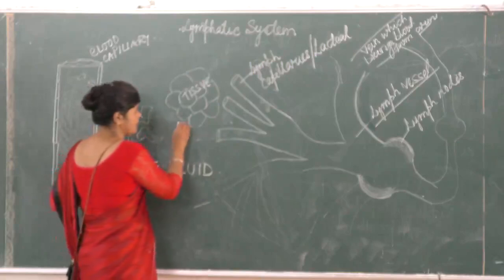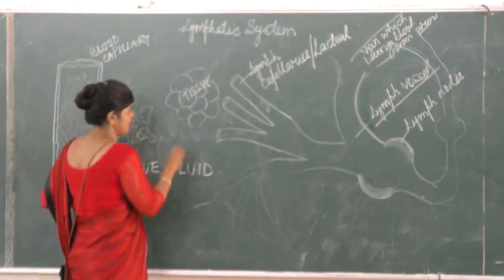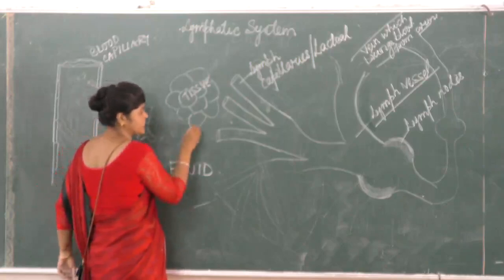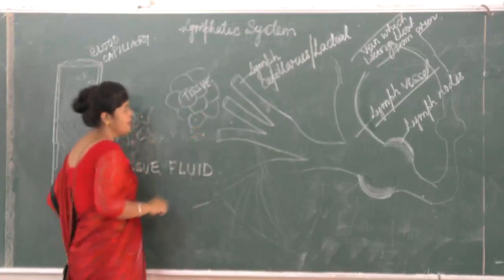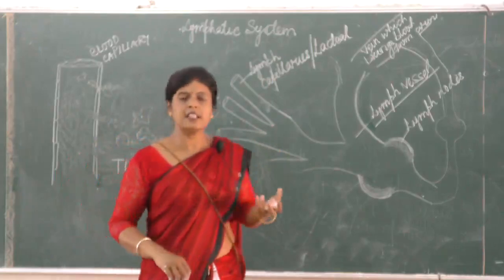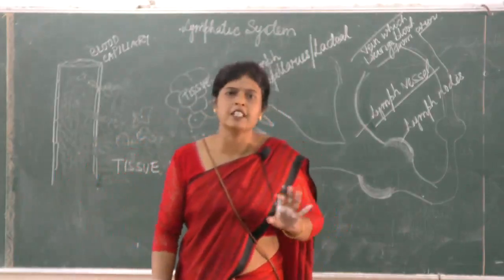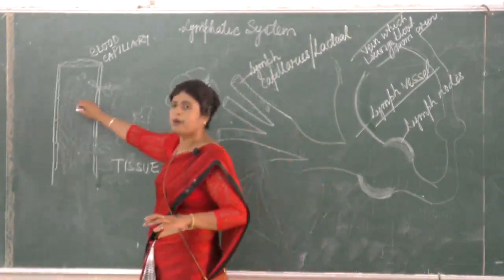Okay, what is happening? Here is present the tissue fluid. One thing you will remember, the tissue fluid actually contains a lot of germs. Why? Because it is surrounding the tissues. Tissues are the living cells. Living cells usually are infested with a lot of pathogens. Is it clear? Or some pathogens must have come out from the blood also.